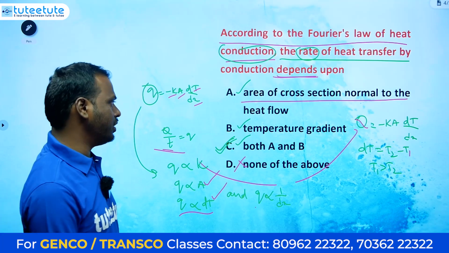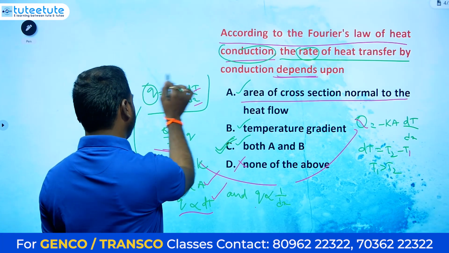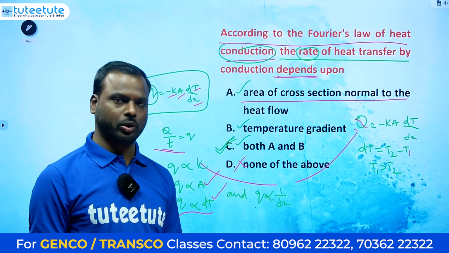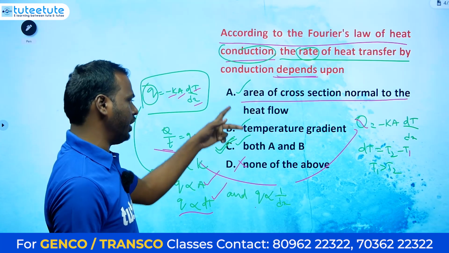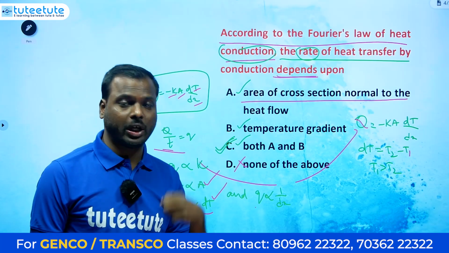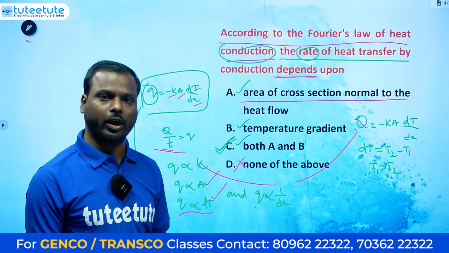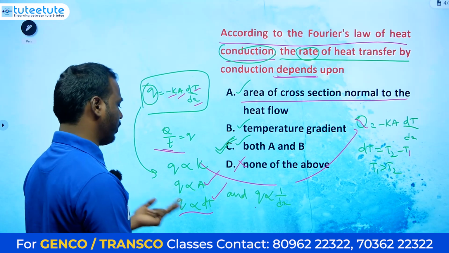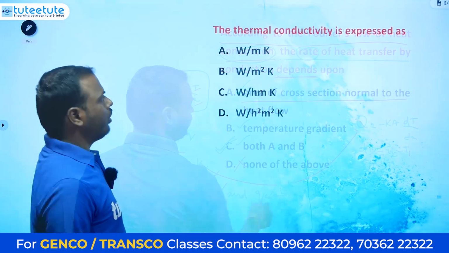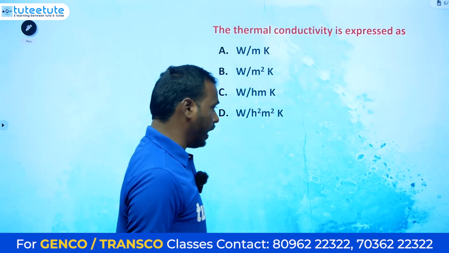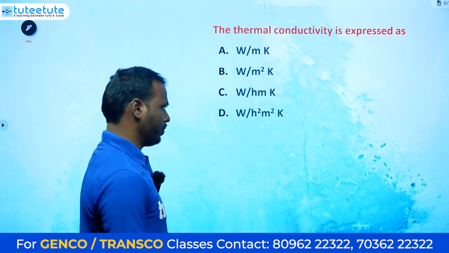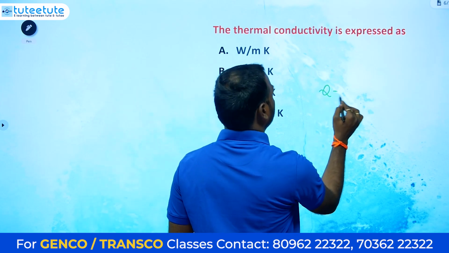Both A and B is the answer, because from this equation you can write down that Q is directly proportional to A, Q is directly proportional to dt. Of course, Q is also directly proportional to K, and Q is inversely proportional to dx. The thermal conductivity is expressed as, we'll see. Q is equals to, thermal conductivity.